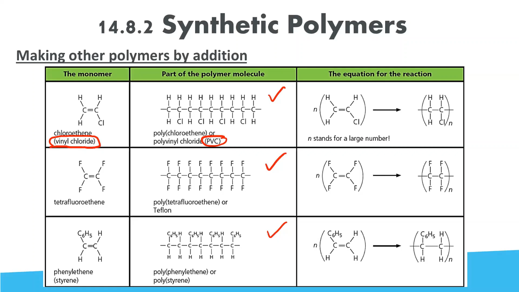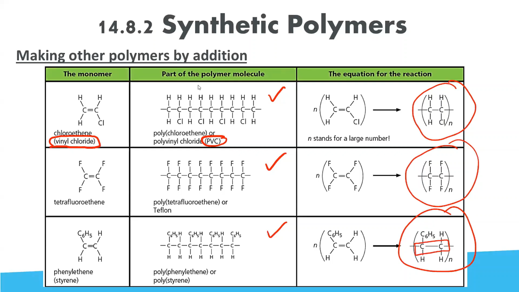If you are asked to draw the structure of the polymer, this is the way you have to represent it. As you can see, in all addition polymers, the base carbon is the carbon that has the double bond. Always there will be 2 carbons. If you don't add N, that will be wrong.